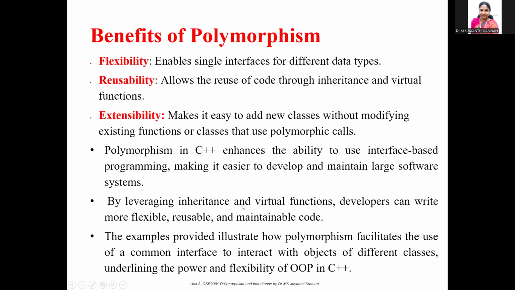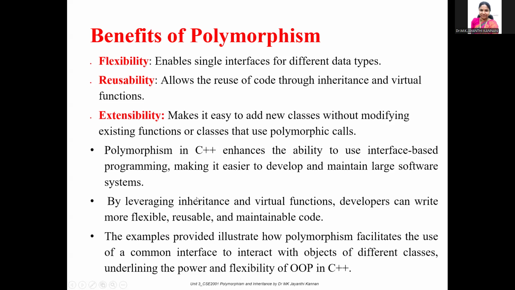By leveraging inheritance and virtual functions, developers can write more flexible, reusable, and maintainable code. The examples provided illustrate how polymorphism facilitates the use of a common interface with objects of different classes, underlining the power of flexibility in object-oriented programming.